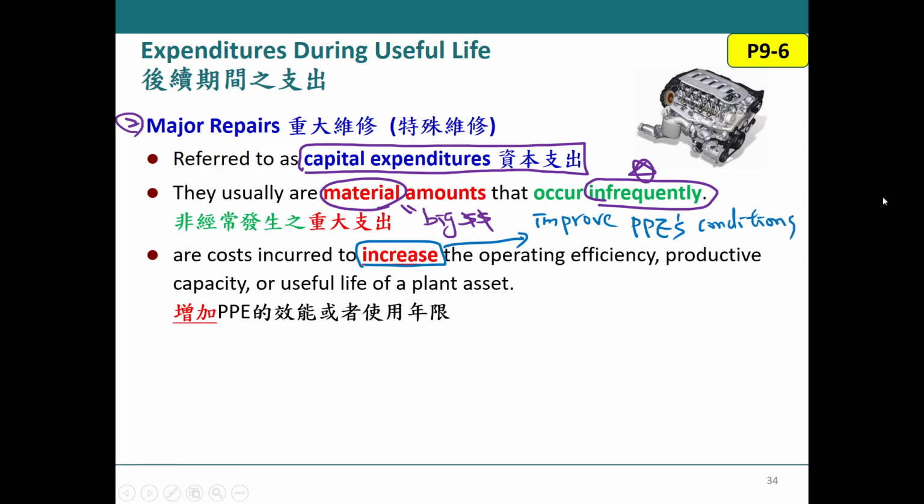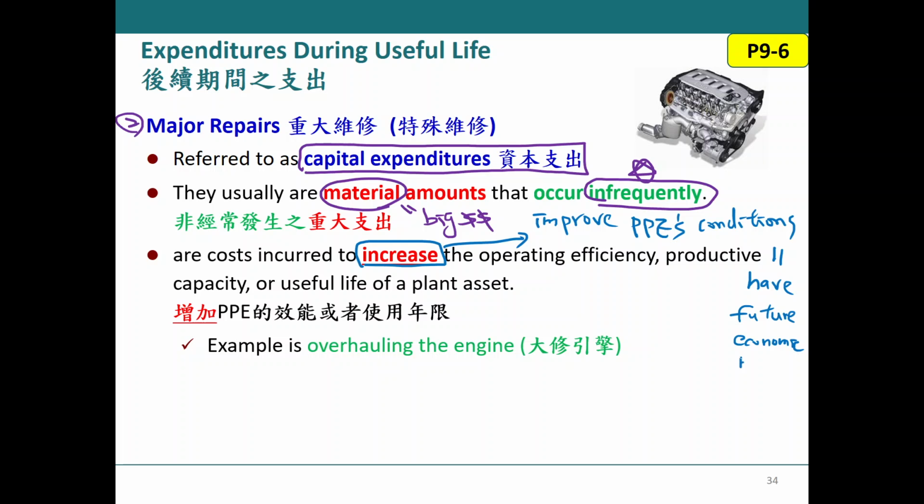Okay, since they improve your PP conditions, of course they have future economic benefit. Since they have future economic benefit, so we recall it as assets. Okay?